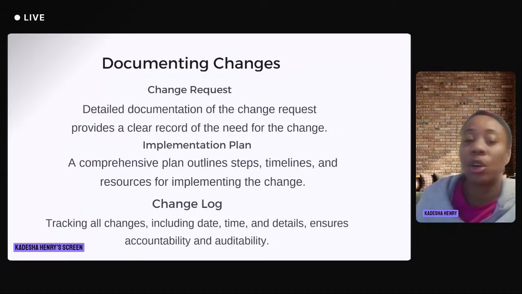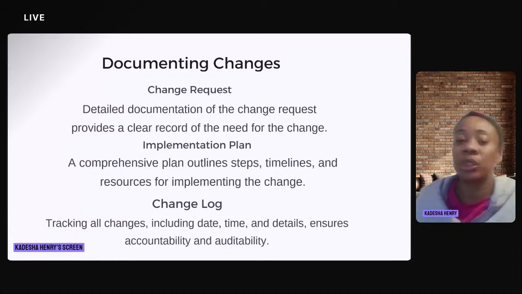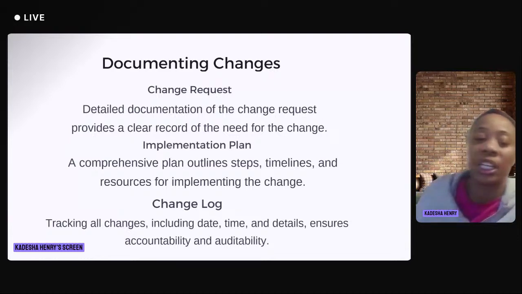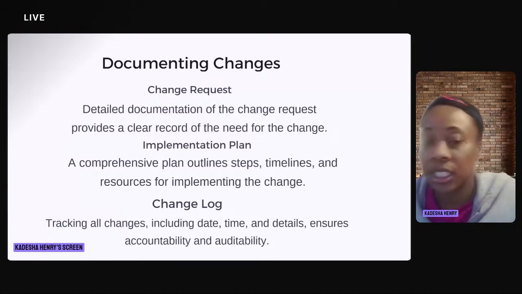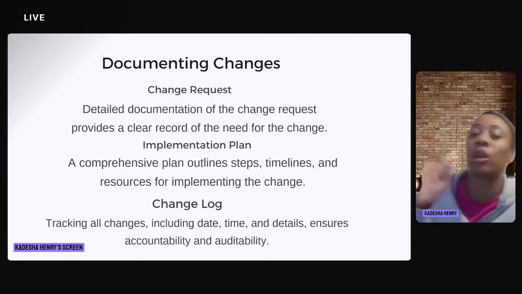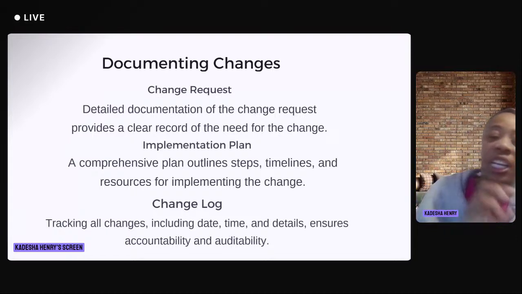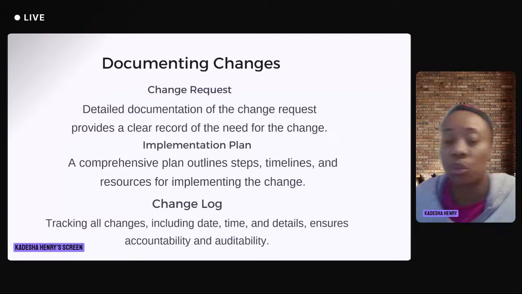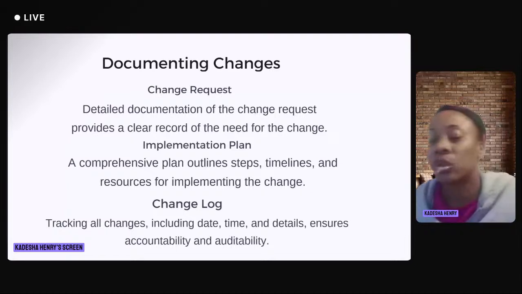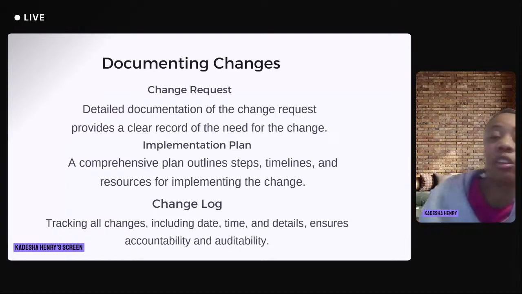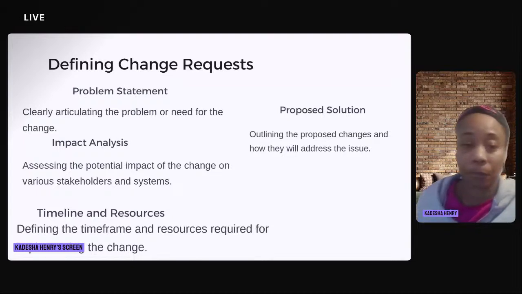After that, the comprehensive plan outlines steps, timeline, and resources for implementing the changes, right? Then we have a change log, tracking all changes, including date and time and details, ensuring accountability and auditability. So we have to do all of it: request the change, implement the change, and log the change. When the change was made, what kind of change was made, who made the change. We have to document all of that.